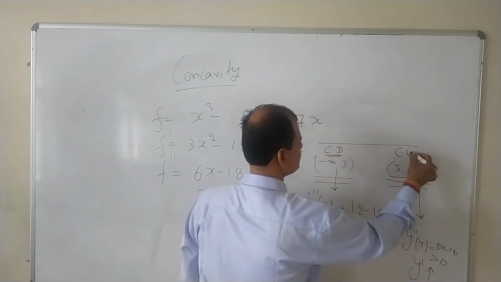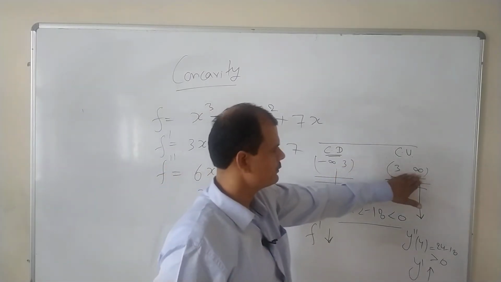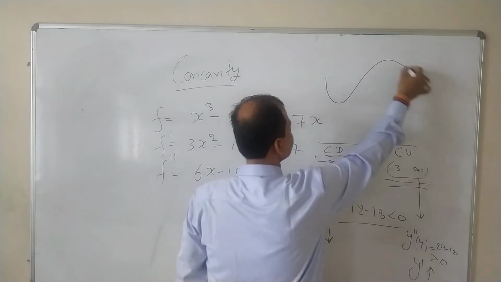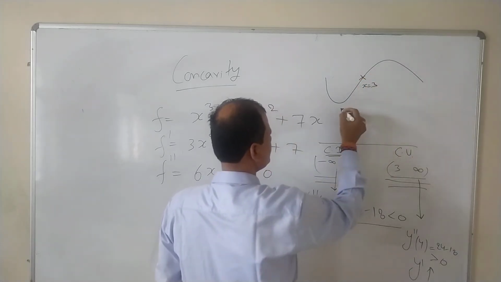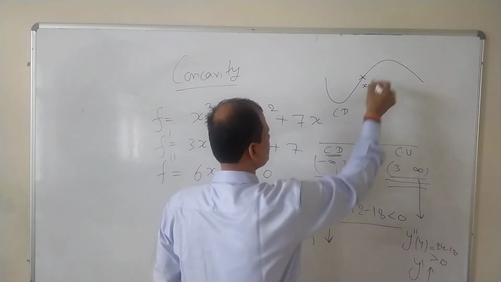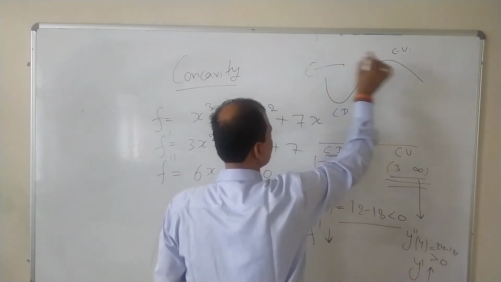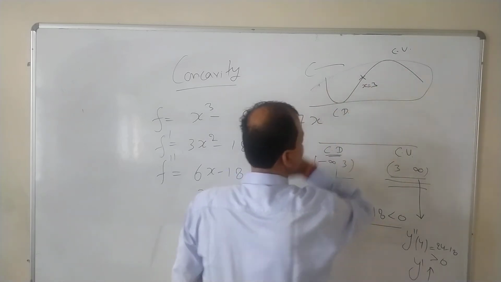So concave up. So minus infinity to 3 is concave down and 3 to infinity is concave up. So we can write it like this. So this is somewhere x equal to 3. Before that we have concave down and here we have concave up. This is your picture.